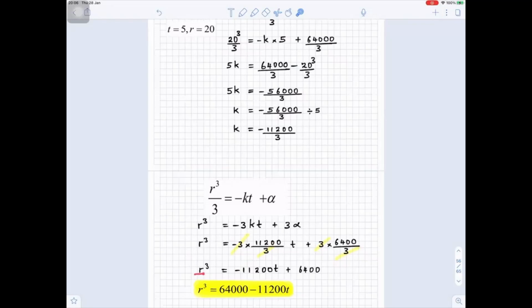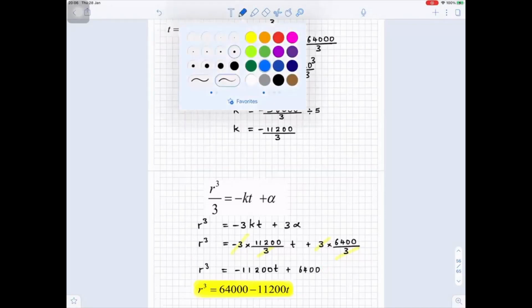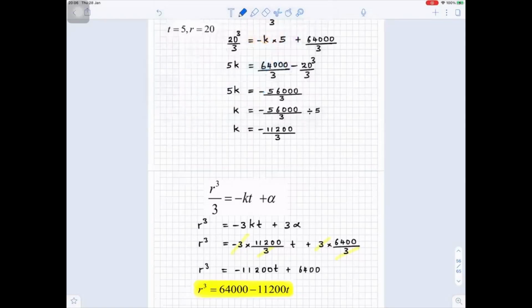So you end up with r cubed equals minus 11,200 t plus 64,000. Don't forget there's a 0 there. So you can put this in front: r cubed is 64,000 minus 11,200 t.